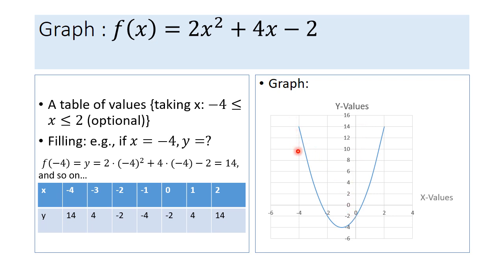So our graph is here, and has covered the values of x from -4 to +2, and the values of y from -4 up to 14, from our table. So this is our graph.